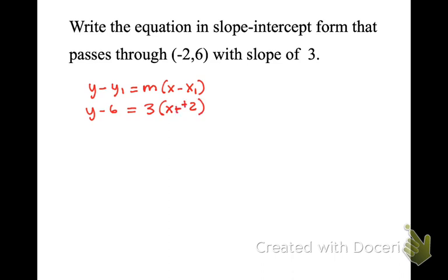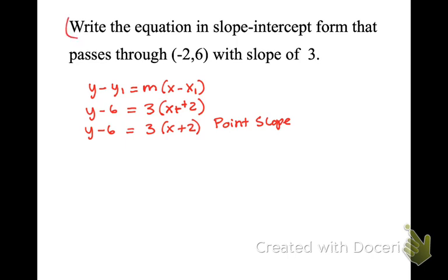We can turn that into a plus. Okay, right here, y minus 6 equals 3 times the quantity of x plus 2. This is point slope form of the equation.